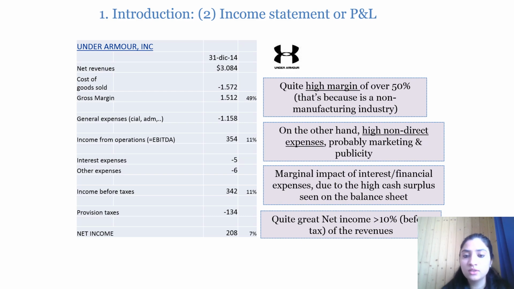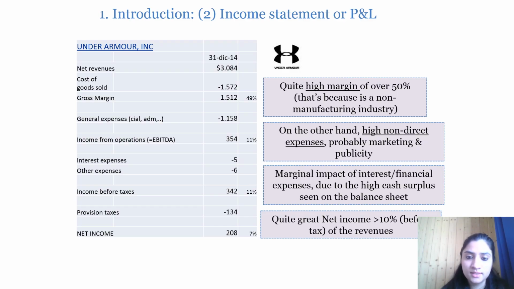So they are making a gross margin before paying taxes or expenses, which is quite good, $1,512. So 49% margin, quite a high margin, which shows that the company is not a manufacturing company. They do not manufacture, they outsource their production.